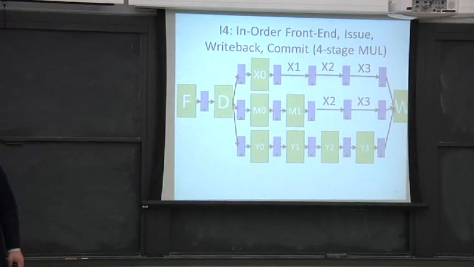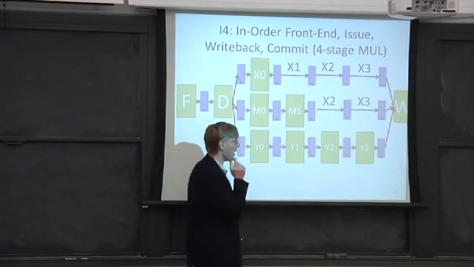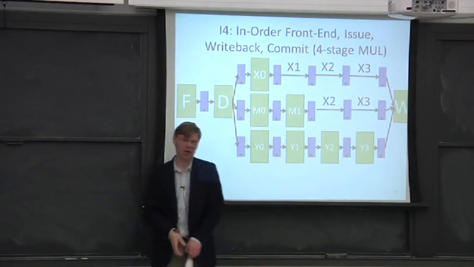OK, so this gets us thinking, and we want to start to think what these things look like on the inside. So the first question is, do we want to bypass this pipeline?